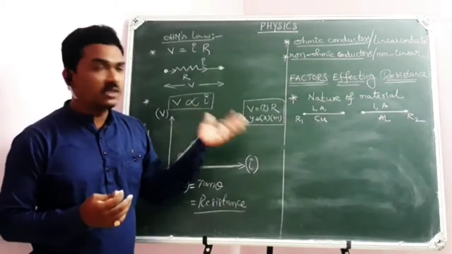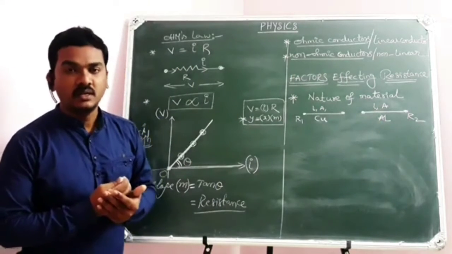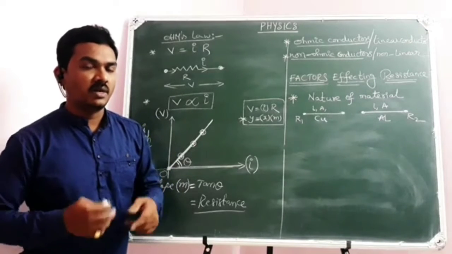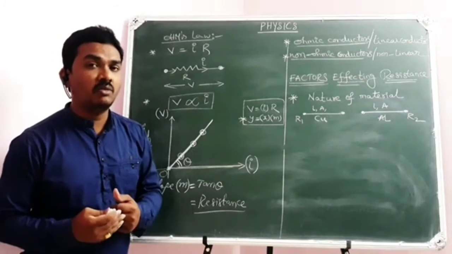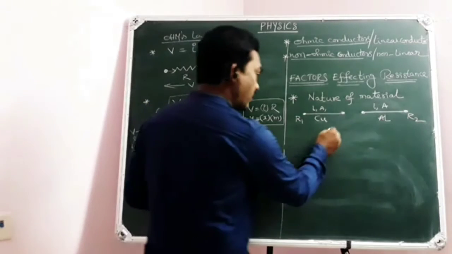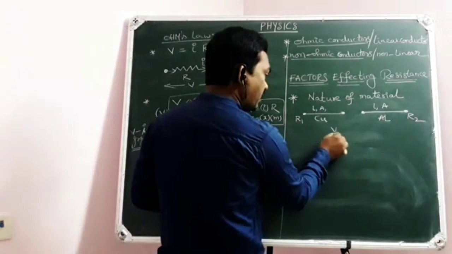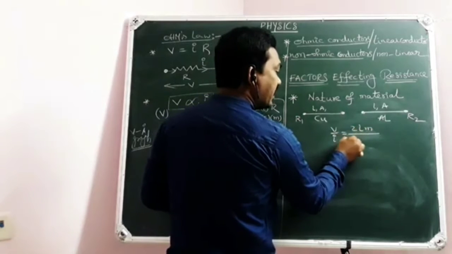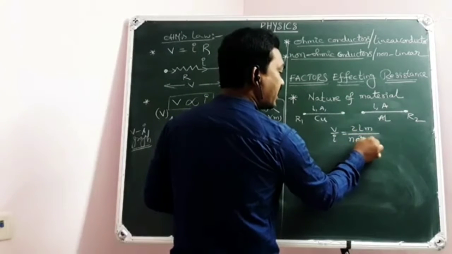Of course, I can prove this statement mathematically as per the earlier equation. I have told you one mathematical equation earlier, but I am not sure how seriously you have taken it. You have learned V by I is equal to 2Lm by N e square A tau.